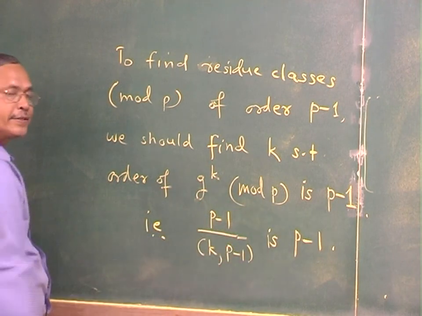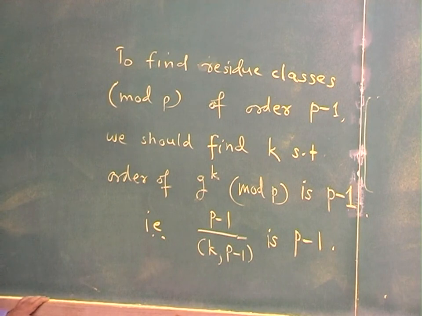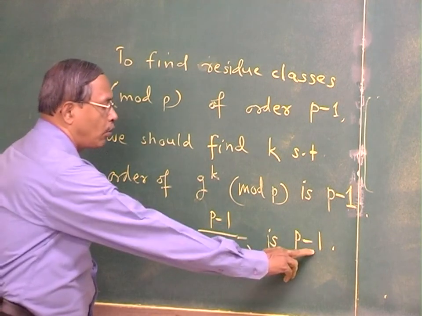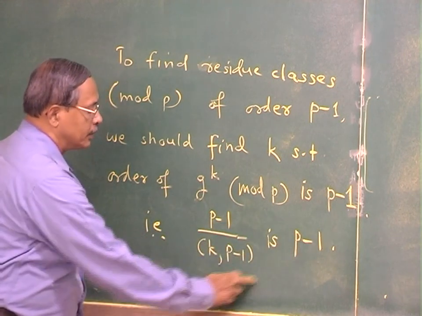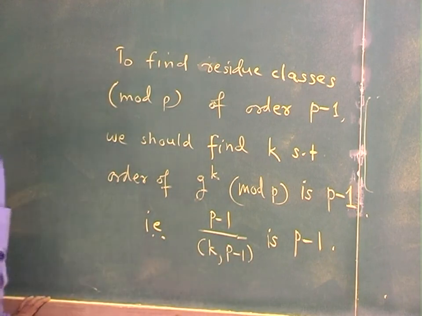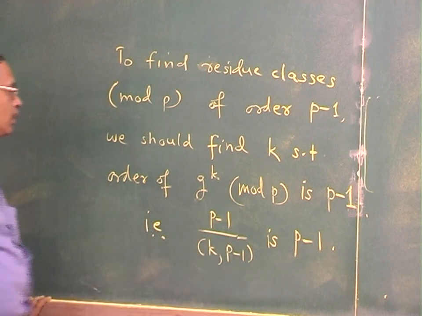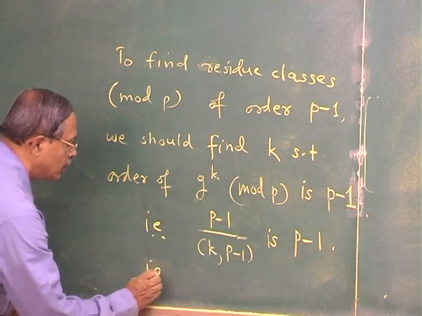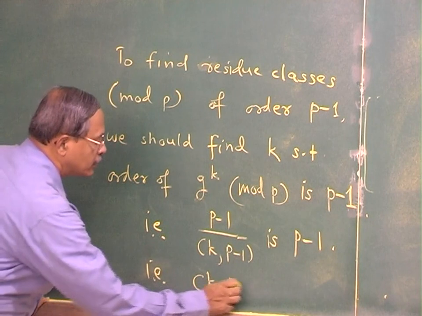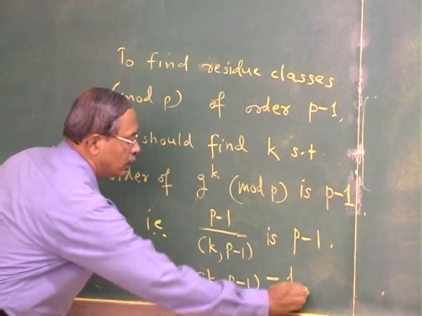This should be p minus 1. Now if you want this to be p minus 1, what should this number be? This number must be 1. If it is bigger than 1, then this will be smaller than p minus 1. So that is, GCD of k and p minus 1 equal to 1.